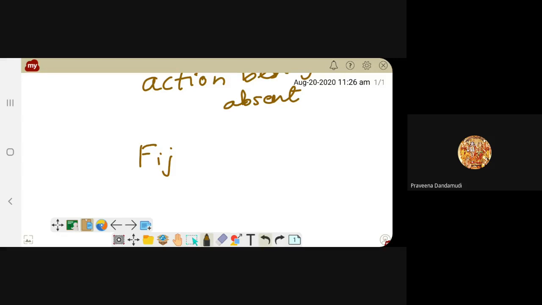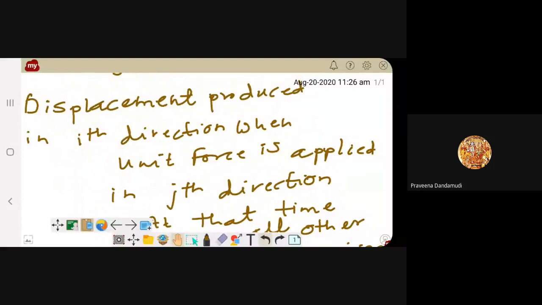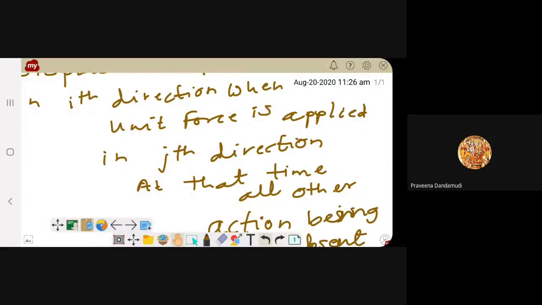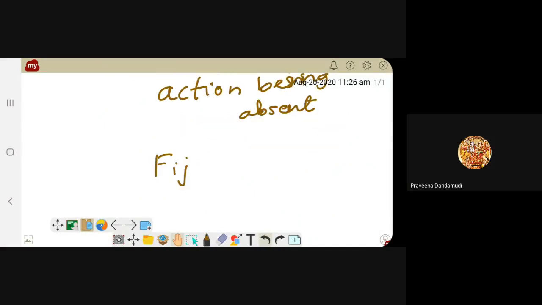Once again, recollect this expression Fij. How do we consider it? The displacement produced in ith direction when the unit force is applied in jth direction. So whatever force you apply in the jth direction, the displacement which occurs at that particular location gives the coefficient of the flexibility matrix.